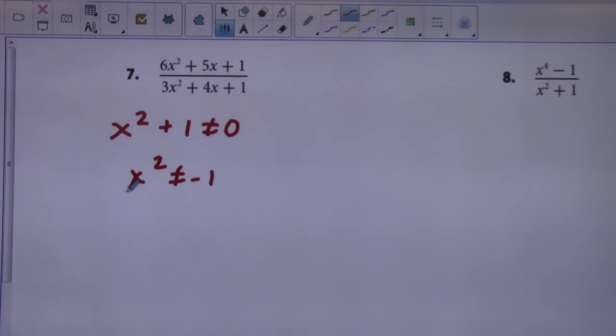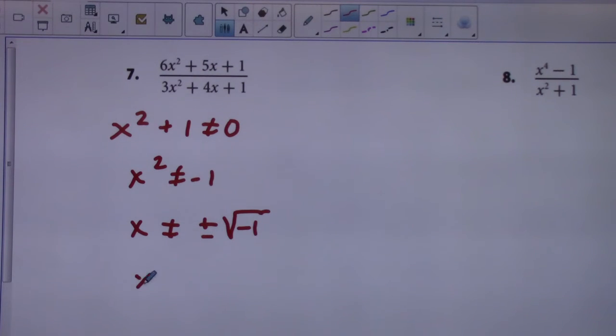So if you solve that, you get x is not equal to plus or minus square root of negative 1. What's the square root of negative 1? What's our square root of negative 1 defined as?